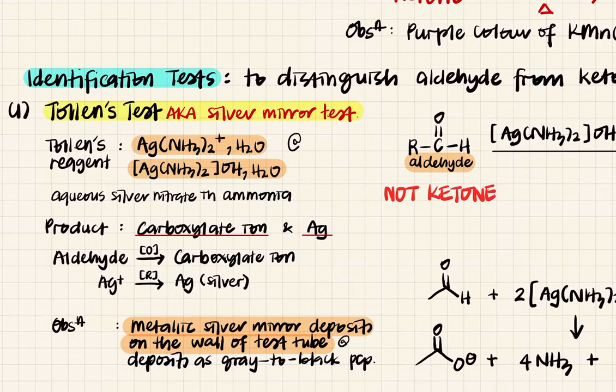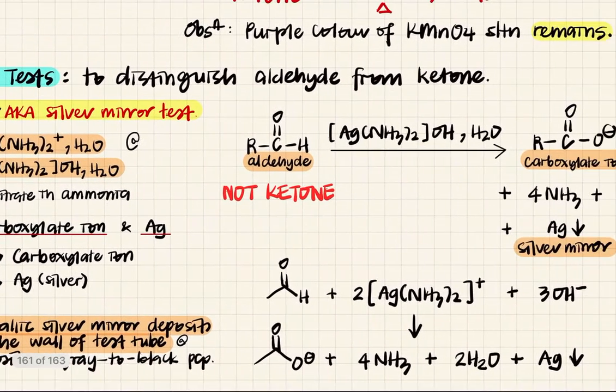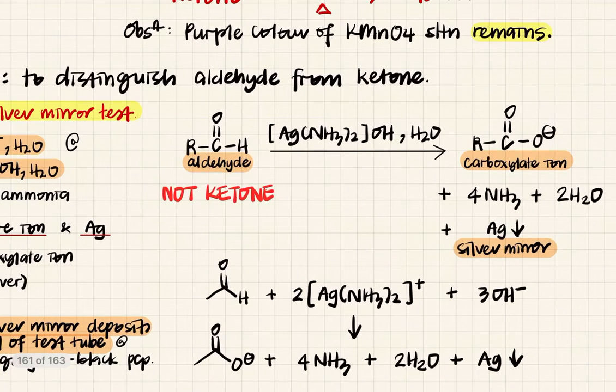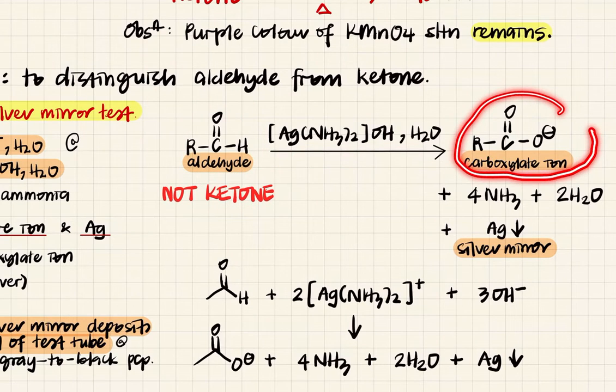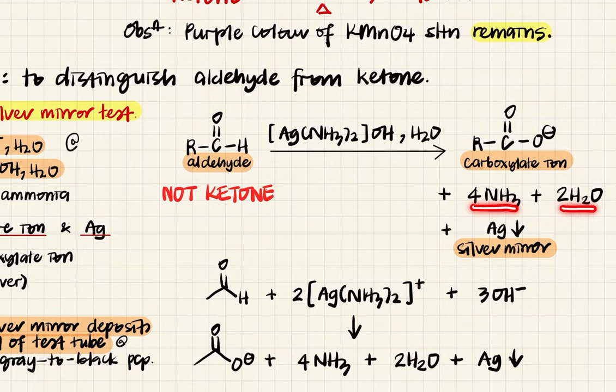So that is the silver mirror test. How do you write the equation? When you have aldehyde, not ketone, reacting with the silver reagent, you will get carboxylate ion, then 4 moles of NH3, 2 moles of water, and 1 mole of silver precipitate.